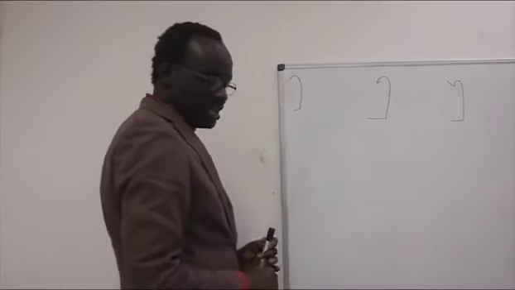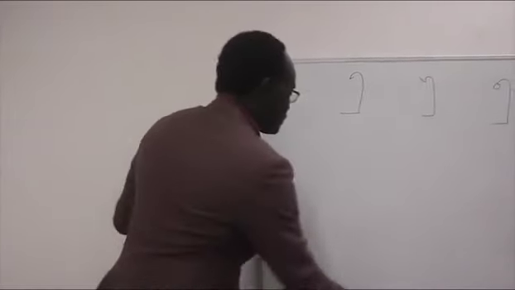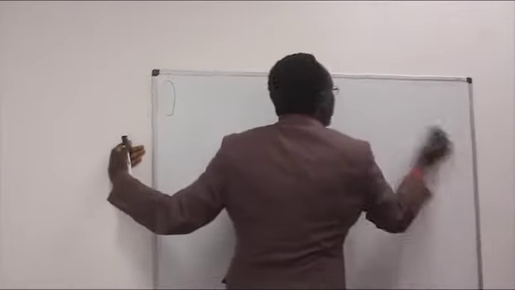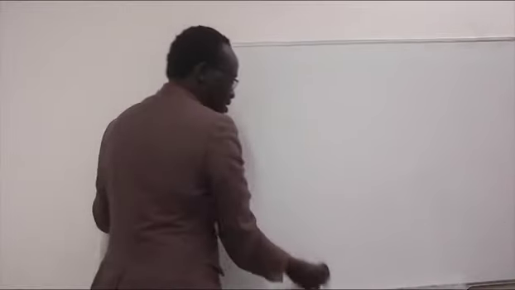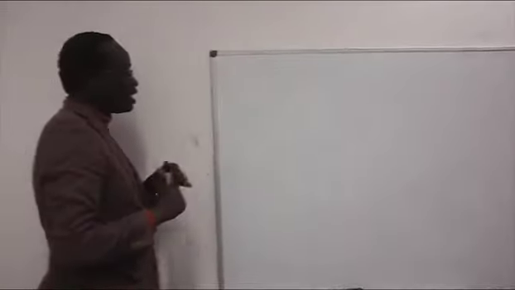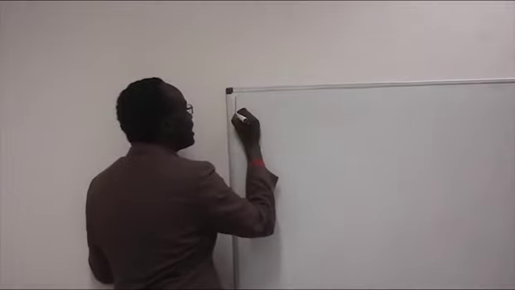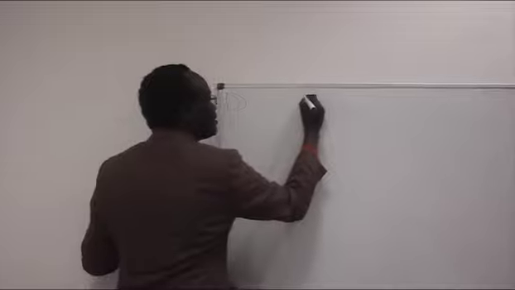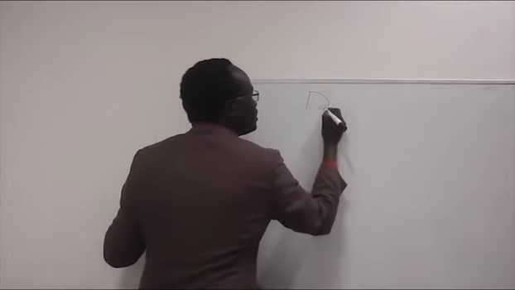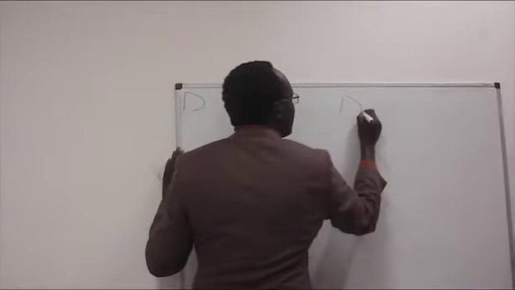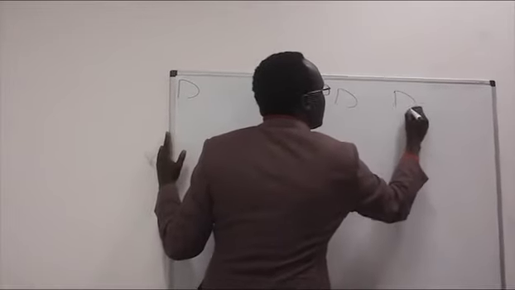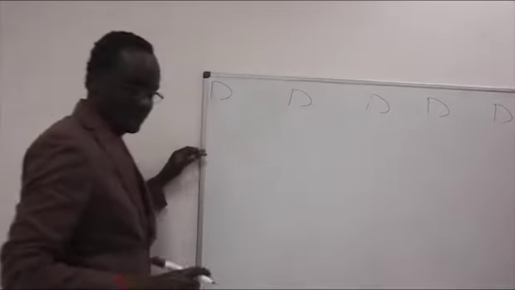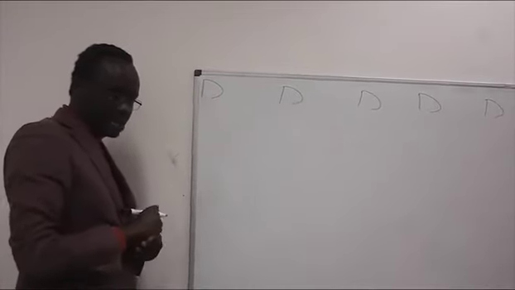After La, what do we have? We have Ma. Ma is the next letter. And Ma is really nice to see when you write it properly. So Ma is like this. That is Ma. So 1, 2, 3, 4, and one more, 5. This is Ma. So if we write Ma like this, how are you going to write Me?